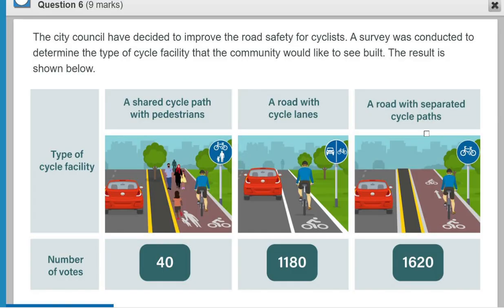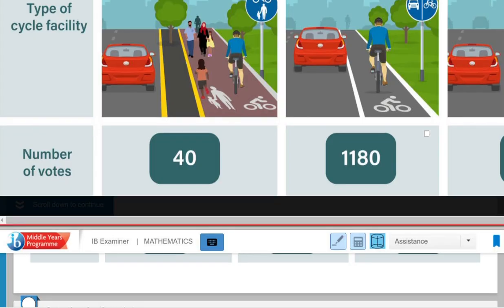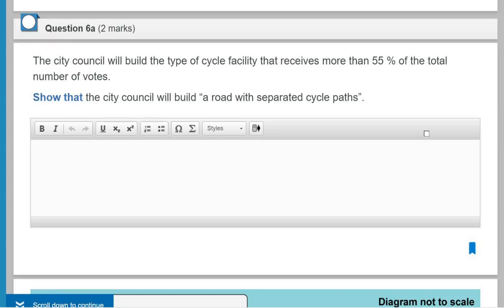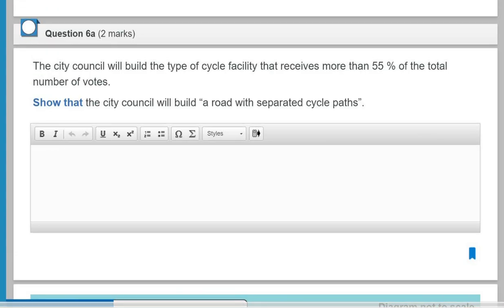So that becomes 2840. These were the number of total votes. So total votes were 2840.